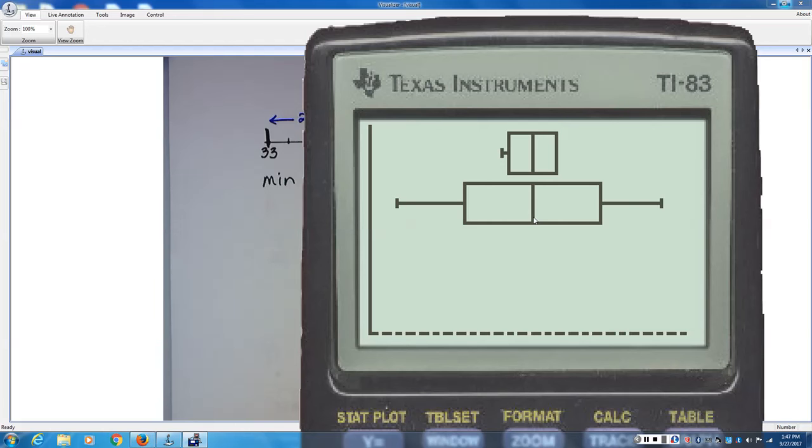Anybody stuck on the calculator? Okay. Gotta get you unstuck. You see it? Scroll down to number 9. I think it's above these things.